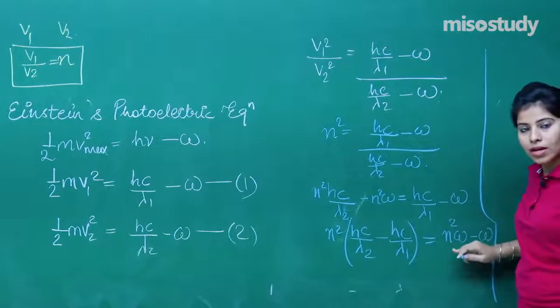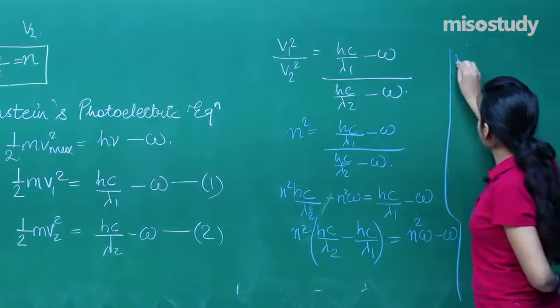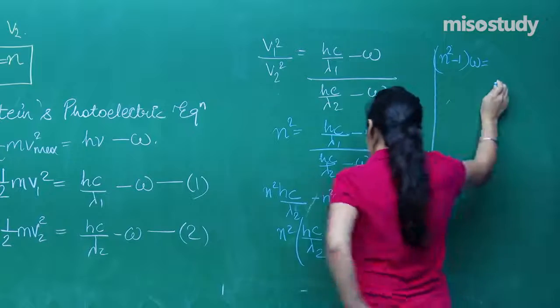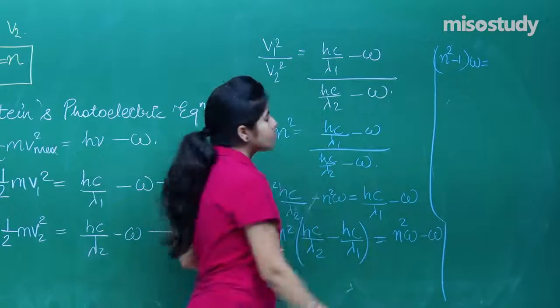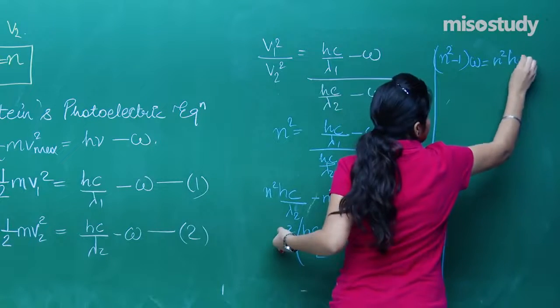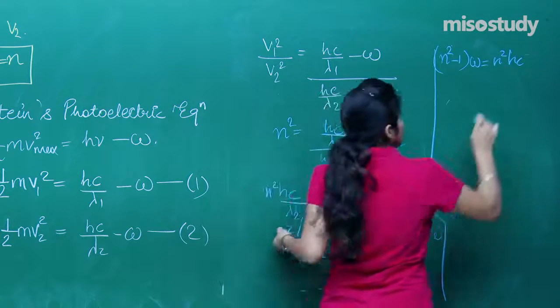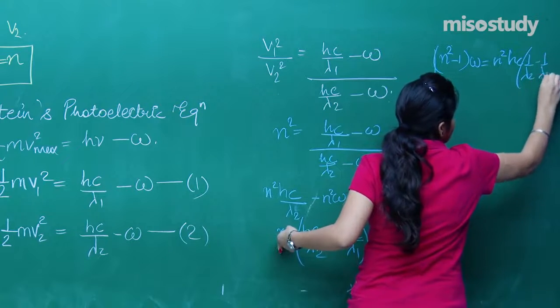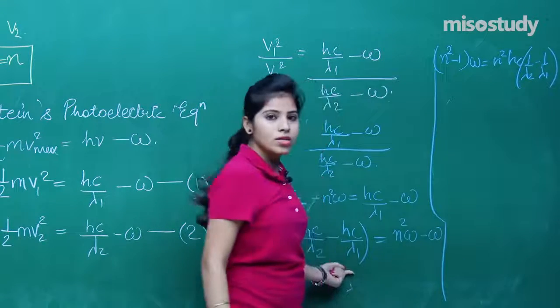From here, bring out the common term, that is W. So you will be left with n square minus 1 into W equals n square hc, as hc can be taken as common, into 1 upon lambda 2 minus 1 upon lambda 1, right.